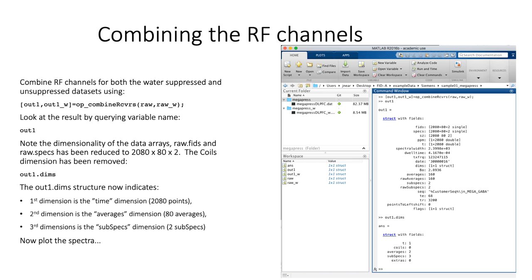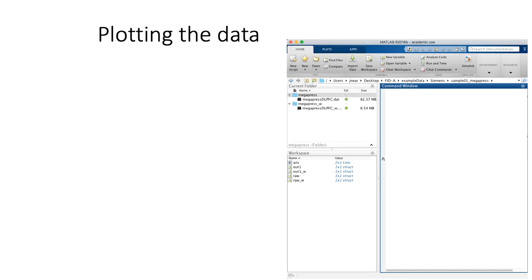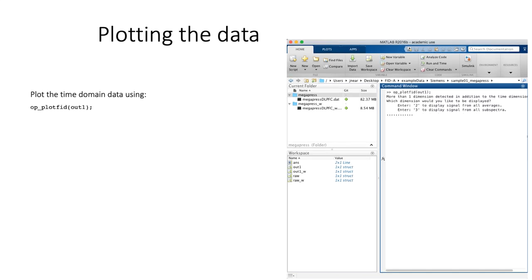So let's say now we want to plot the spectra. If I want to plot the spectra, I'm going to use a function called op_plot FID. This will plot the data in the time domain, and I'm going to plot out 1. When I do that, it's going to ask me, which dimension would you like to display? Because we have 80 averages and 2 subspectra, and it can't plot all of that at the same time.